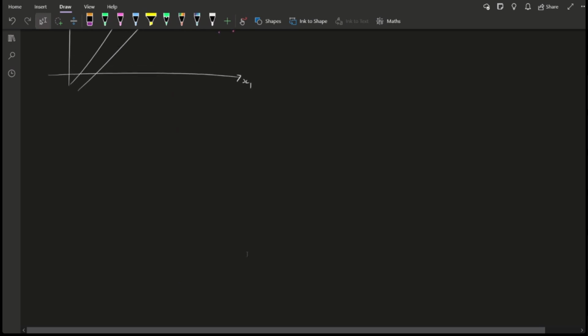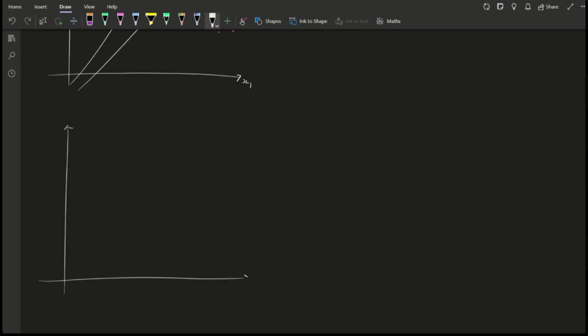I'm just going to draw another plot. Let's have a decision boundary here, and we have some data points.